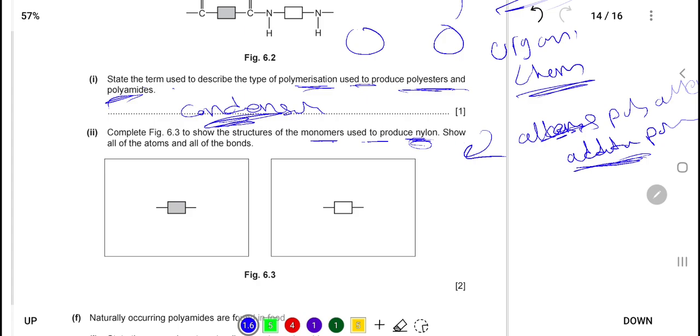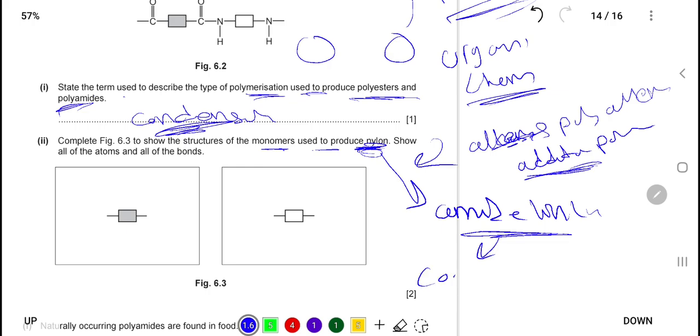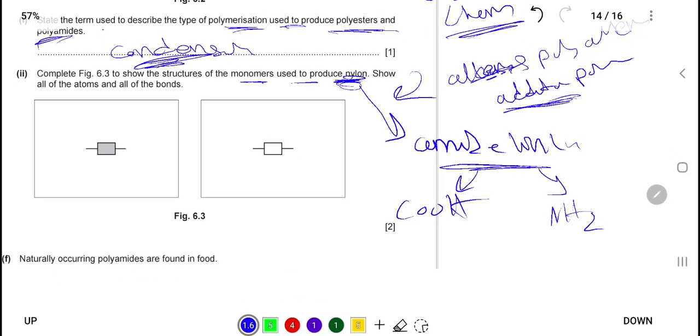Nylon has an amide linkage, so you need to know it. It consists of carboxylic acids and another one which has NH2, okay?